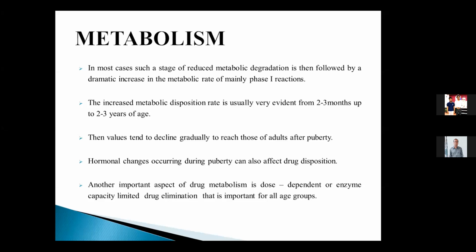In most cases, such a stage of reduced metabolic degradation is followed by a dramatic increase in metabolic rate, mainly of phase 1 reactions. The increased metabolic disposition rate is usually very efficient from 2 to 3 months up to 2 to 3 years of age. The values tend to decline gradually to reach those of adults after puberty.